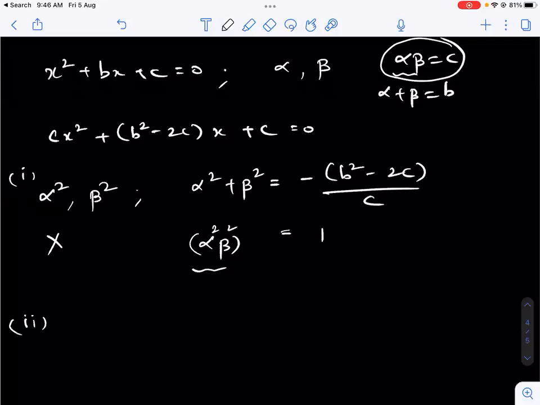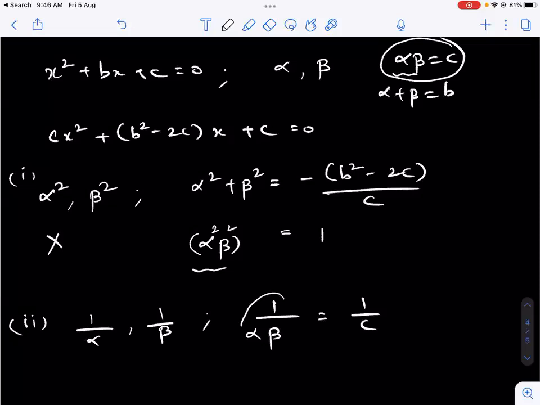Second, if I have 1 by alpha and 1 by beta, that is according to the second option, then what would have been the answer? I'm only checking 1 by alpha into 1 by beta. So 1 by alpha into beta is 1 by c. It's giving me reciprocal.